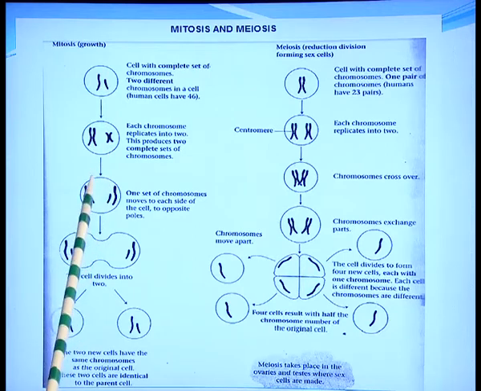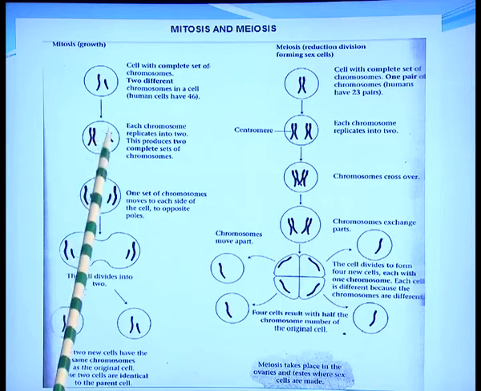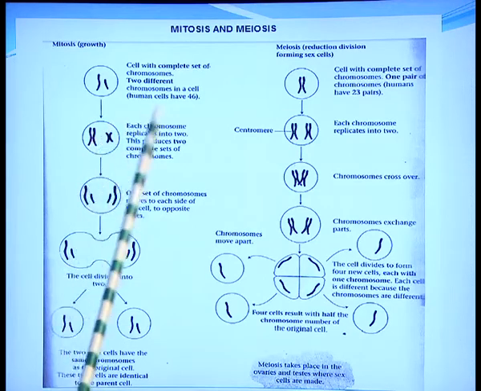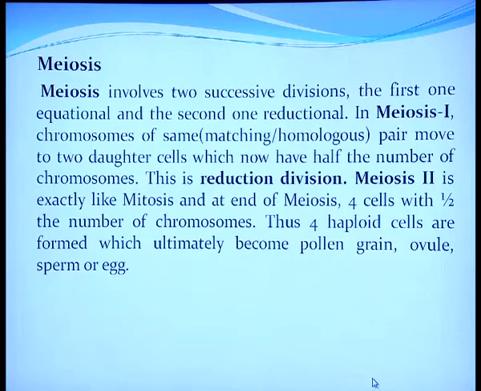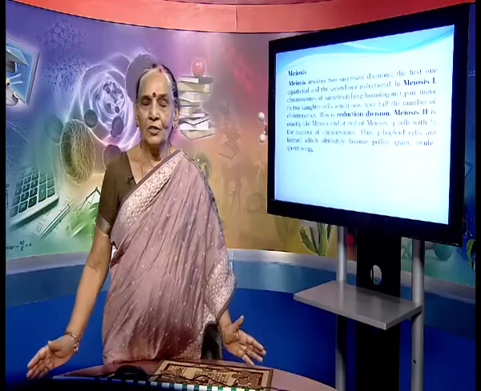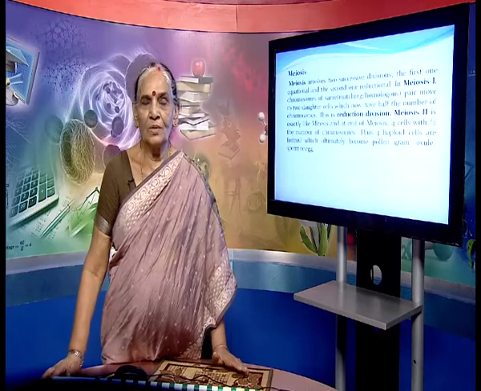Then here at metaphase, these two chromosomes come and lie on the spindle fibers that you saw, and after that the two chromatids which are joined by a centromere break, and it becomes two chromosomes each with its own centromere.